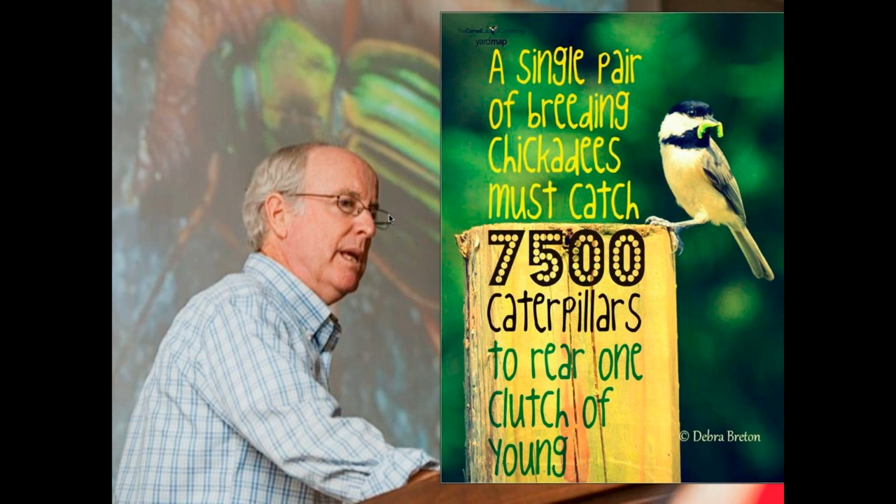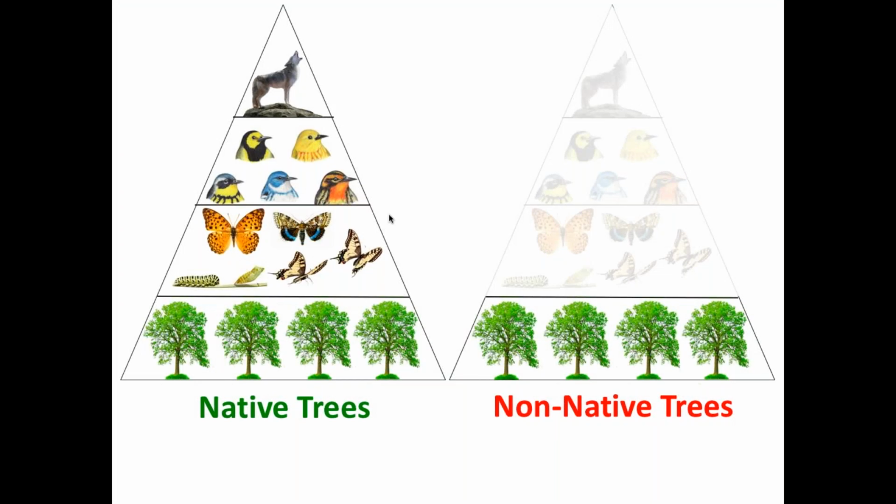Birds need these interactions, and in this case 7,500 caterpillars to rear one clutch of young. So this is work that talks about that pyramid that we know and recognize, and all these mentors and colleagues have focused on this idea that native trees provide these ecological interactions in a much more dynamic way than non-native trees.